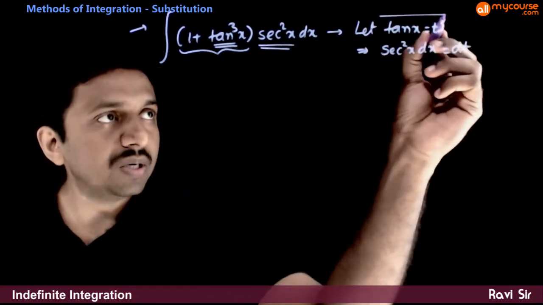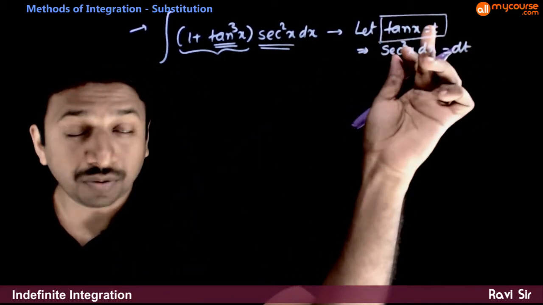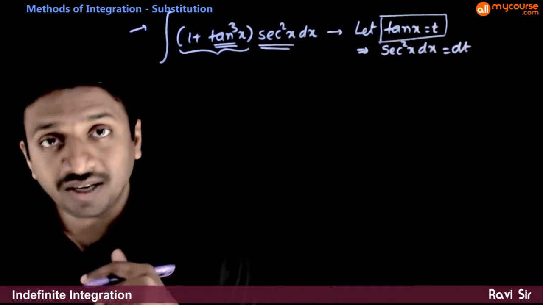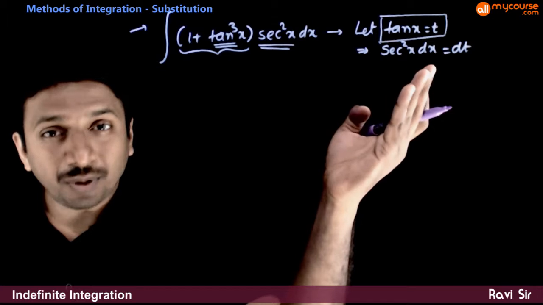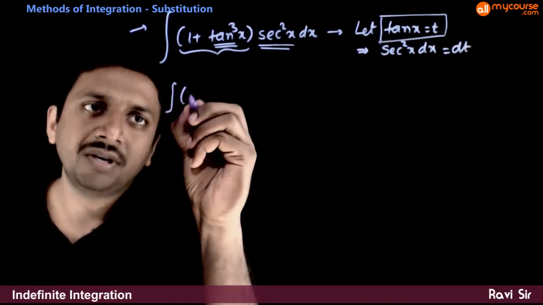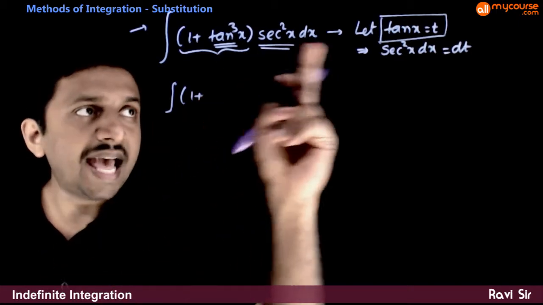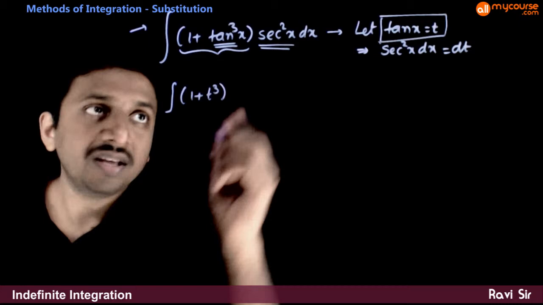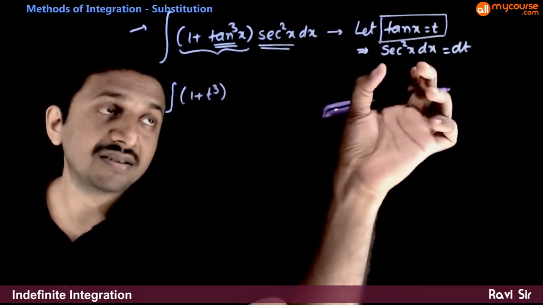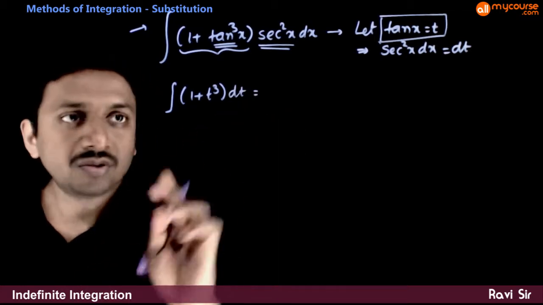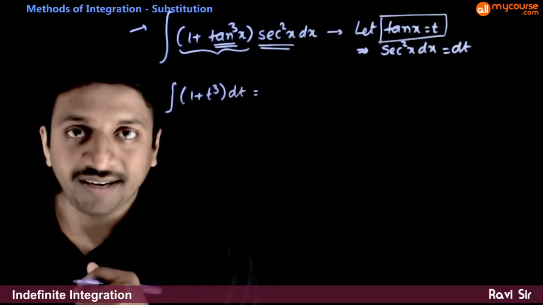So if you put everything in the integrand, this integrand becomes integration of 1 plus tan x, assumed as t, so this becomes t cube, and secant square x dx is equal to dt. So 1 plus t cube dt.